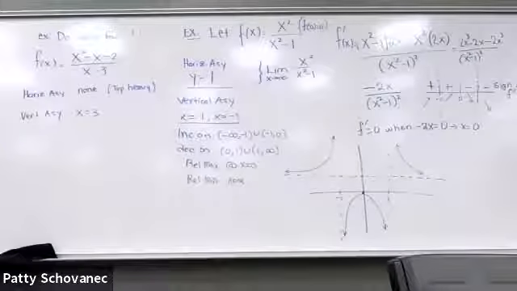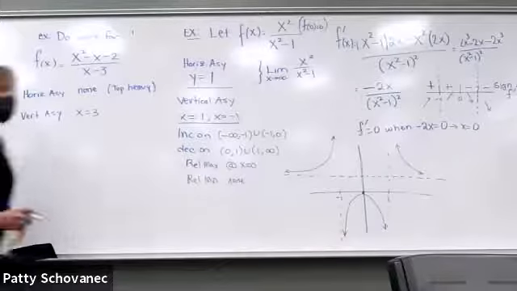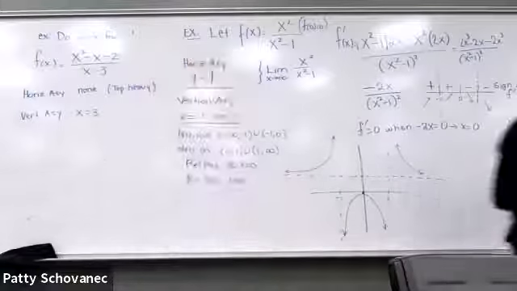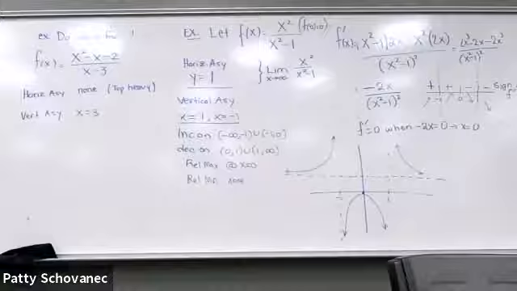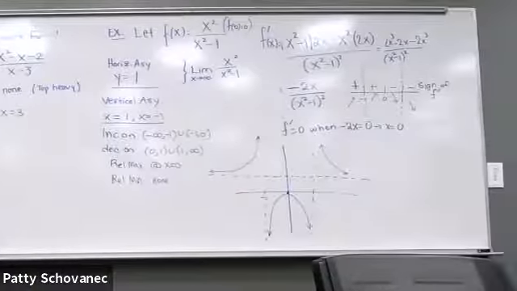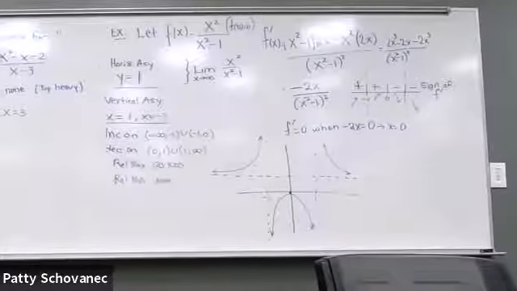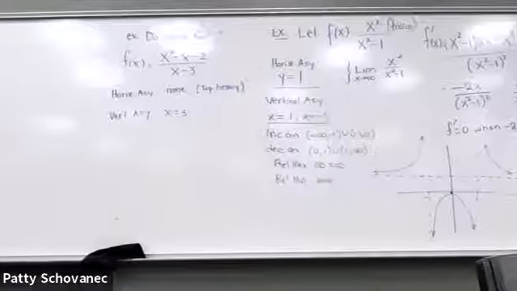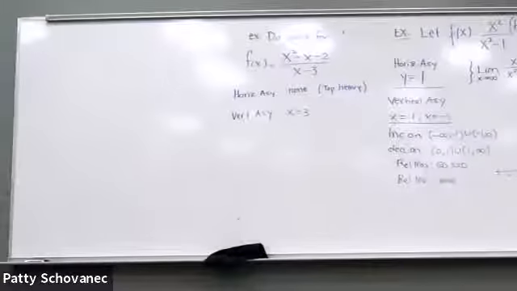Now I guess we're going to take the derivative. Do the quotient rule. Let's see how much that simplifies. We're going to do the quotient rule right up there.